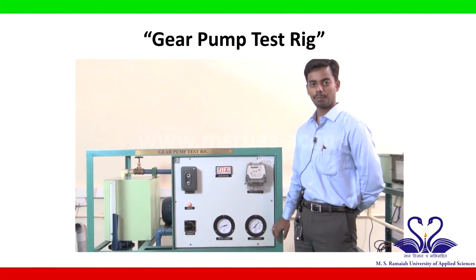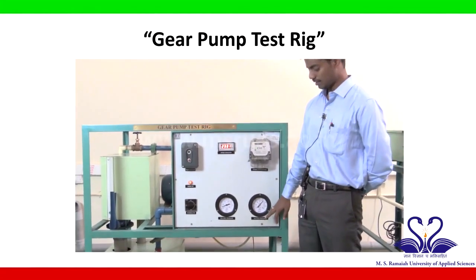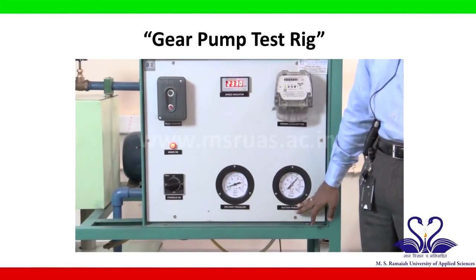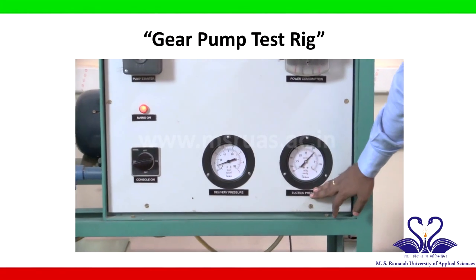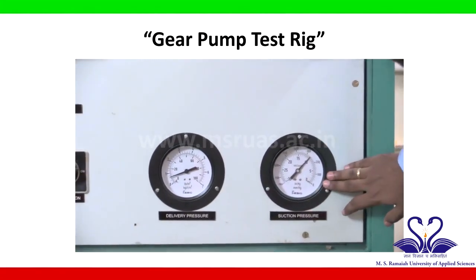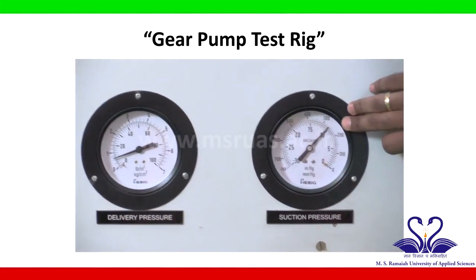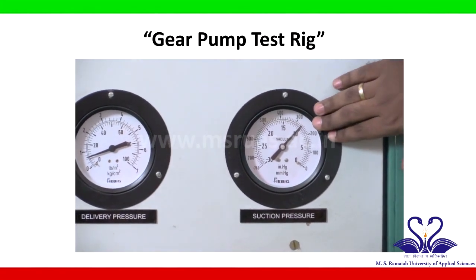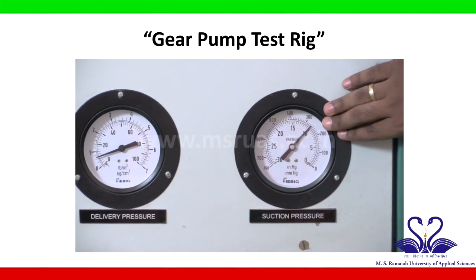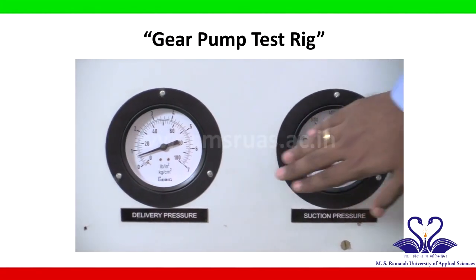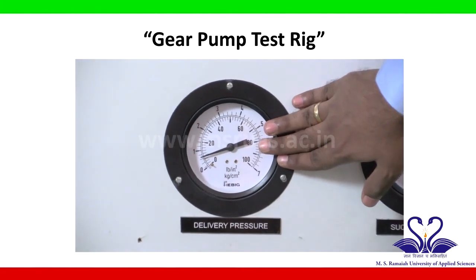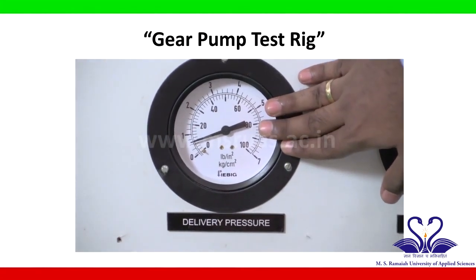After starting on the pump, we can see that the values on the suction and the delivery pressure have come up. We can observe a suction pressure of around 260 millimeters of mercury, and on the delivery side, the pressure is above 0.6 kg per centimeter square.